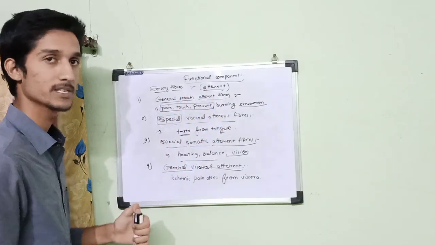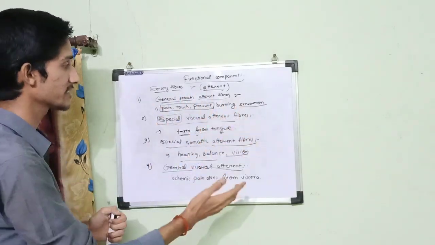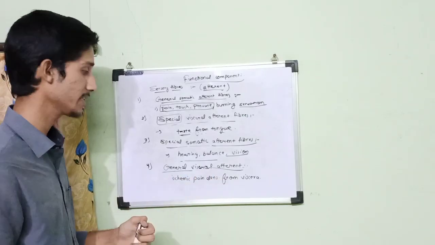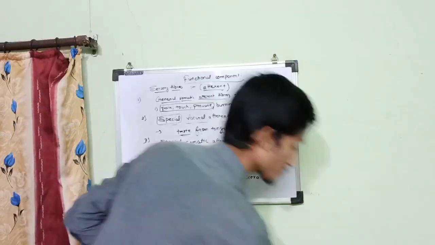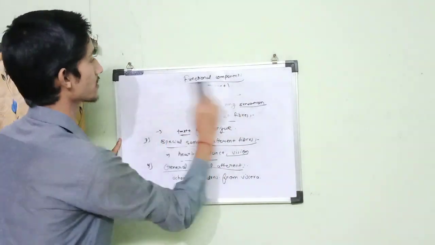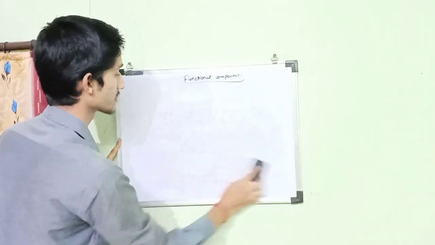General somatic afferent fibers carry pain, touch, pressure, burning sensation from our body parts, and general visceral afferent fibers carry the ischemic pain sensation from the viscera. So this is about the functional components of our cranial nerves.